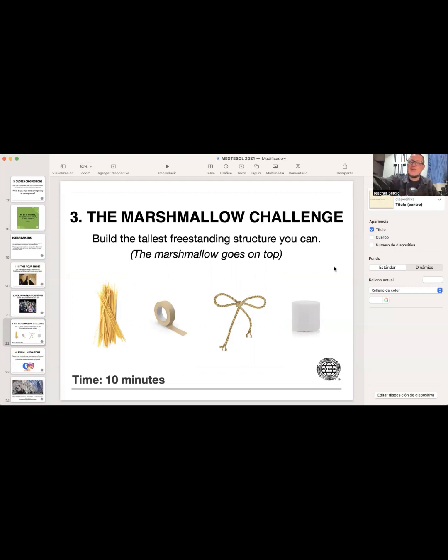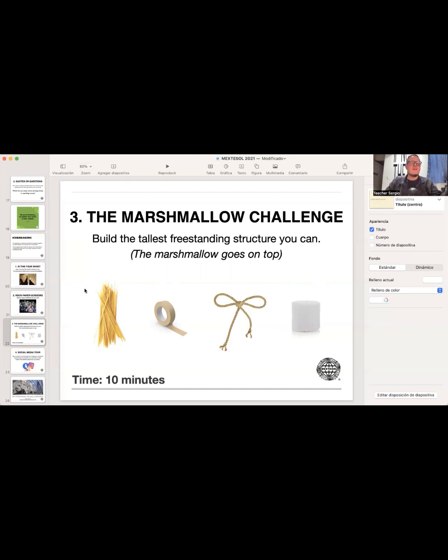They have to decide if they put the spaghetti like this, or like that, whatever. But the marshmallow goes on top. And when they finish, they should be able to let go, and the structure should remain standing. If it falls, they lose.